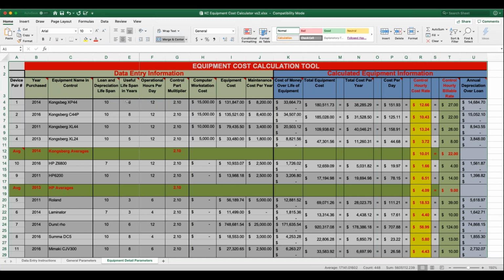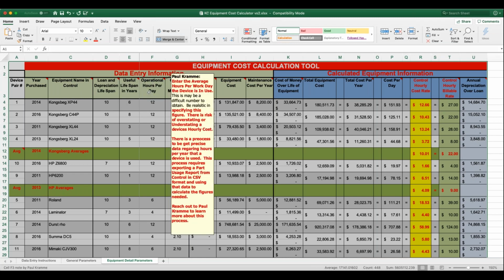And particularly with equipment, with technology changing as rapidly as it does, the useful life may be less than the actual life, okay? How many hours a day do you think that machine is working? This can be a very difficult number to make accurate and reasonable.